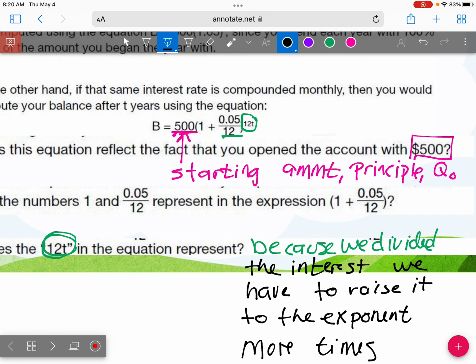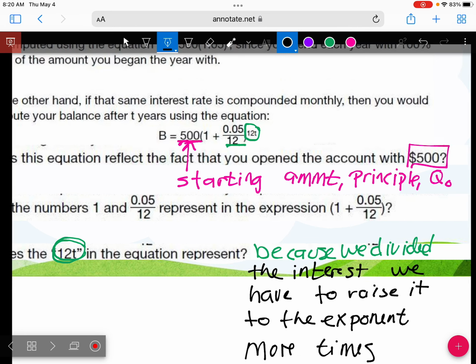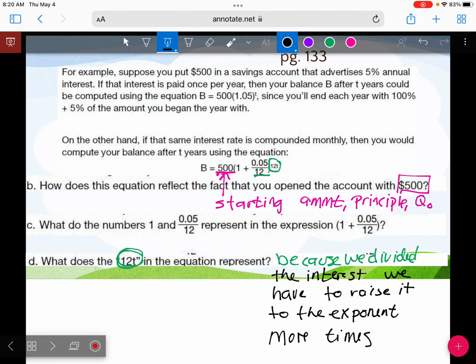So we need to be really careful with our units in these. If we're looking at months or years, how we're compounding, those units are really, really important, because of what we're compounding and what we're raising to the exponent. So if it's 12 months per year, our t is in years. If we're compounding weekly, we put our 52 weeks in a year.